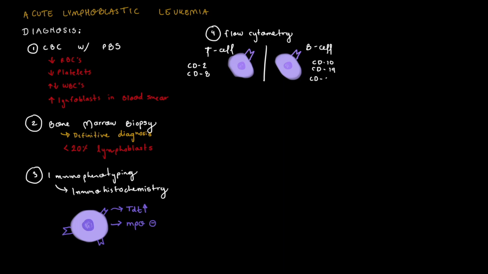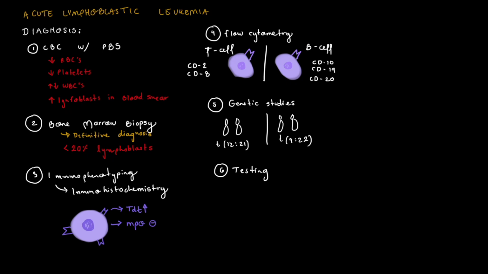So if there are CD10, 19, 20, we can talk about a B cell lymphoblastic leukemia. But if it's a T cell, we can see the CD2 and CD8. Also, we can ask for genetic studies to evaluate mutations or translocations, and testing for leukemic infiltration.